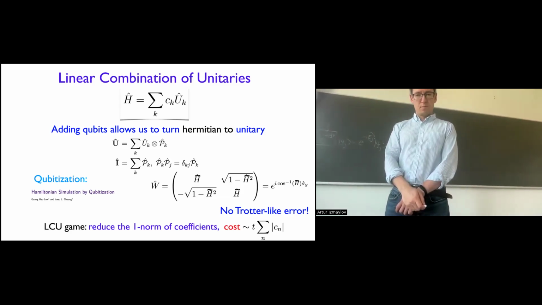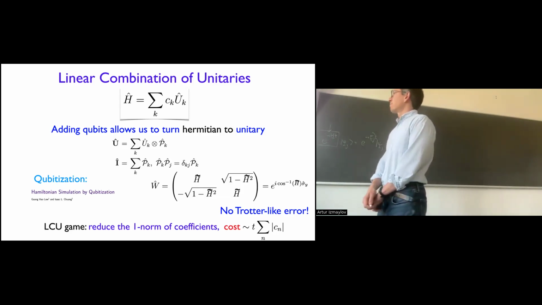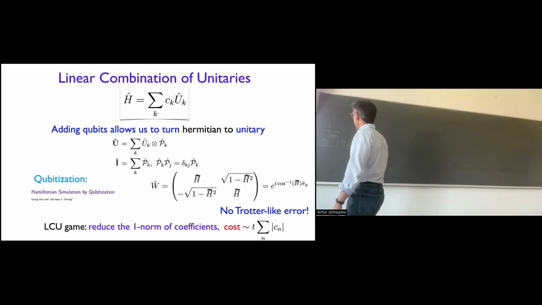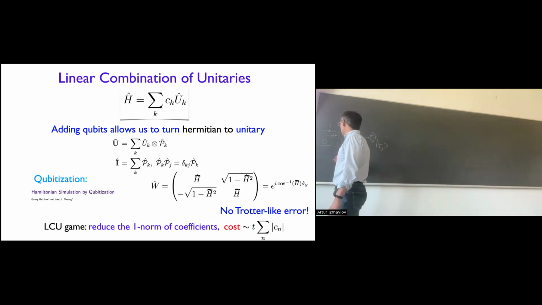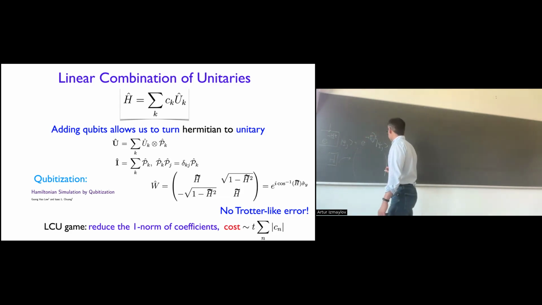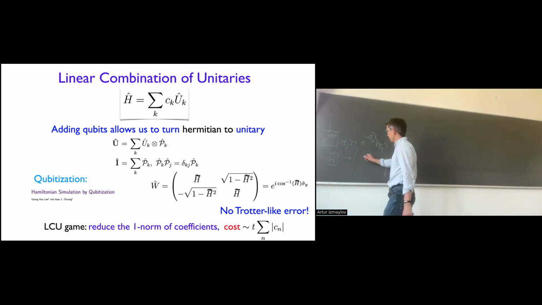Cool. So the basic idea with this linear combination of unitaries, we will put H, which is not unitary, as a part of a bigger unitary, and that unitary we will call the Walker operator.